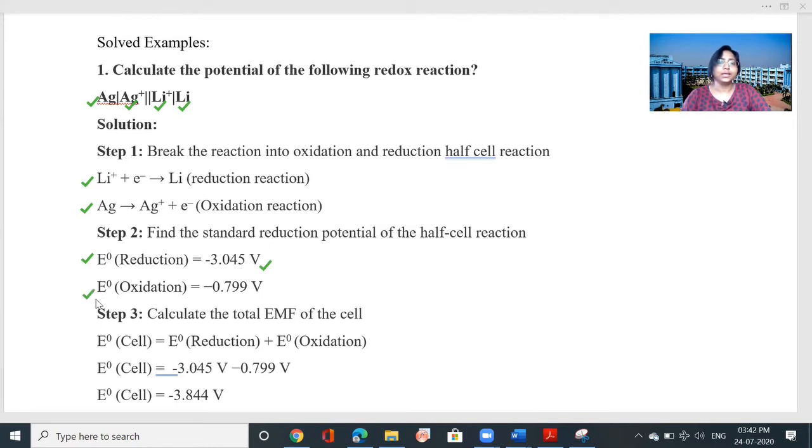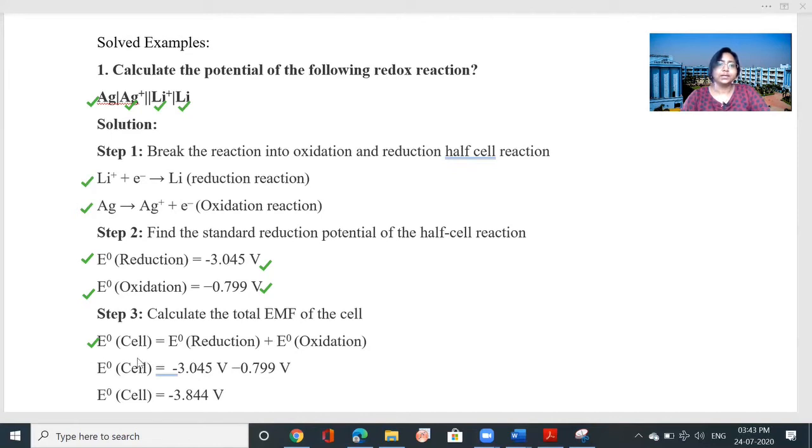Now E oxidation, you have to do for the oxidation part, which is for silver, that is minus 0.799 volt. Now you can calculate the total EMF of the cell.